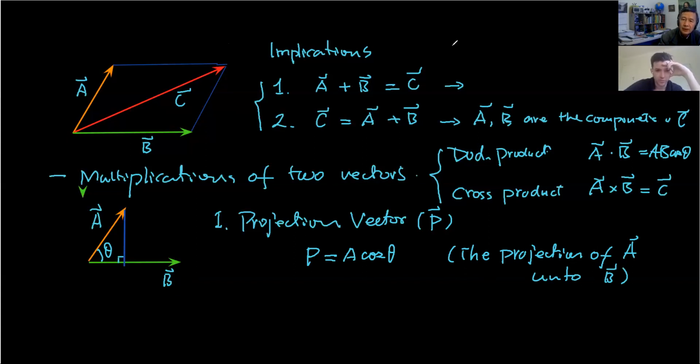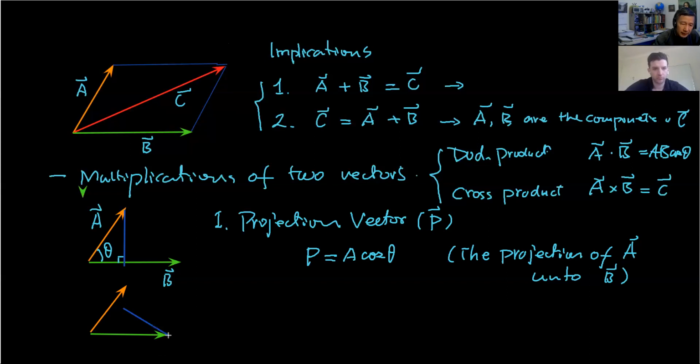Now, similarly, you can also define the projection of B over A. We can draw the diagram here, side by side. This is A, and this is B. Make sure it's not too big, not too short. In this way, you can imagine there is a direction perpendicular to A. Projection is a very important concept when we study linear algebra.